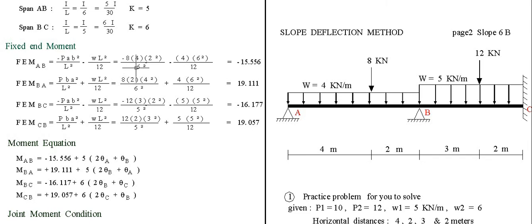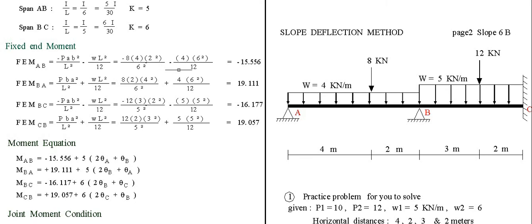For AB, the concentrated load, we have minus 8 times near distance of 4 times far distance of 2 square divided by 6 square.